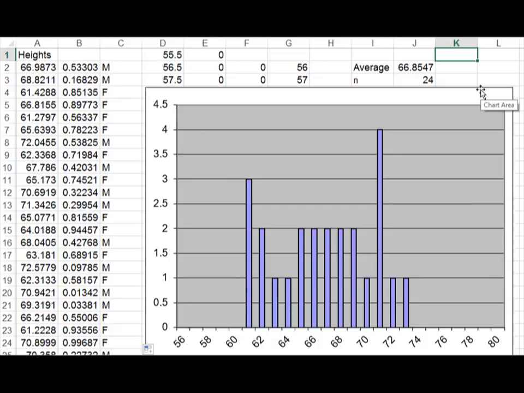And with this sample, if I had to guess a mean for all people, the population, now I would guess that the mean is probably 66.8. Now, it's possible that the true mean is 66.8. It's possible that the true mean is 67. It's possible that the true mean is 70.